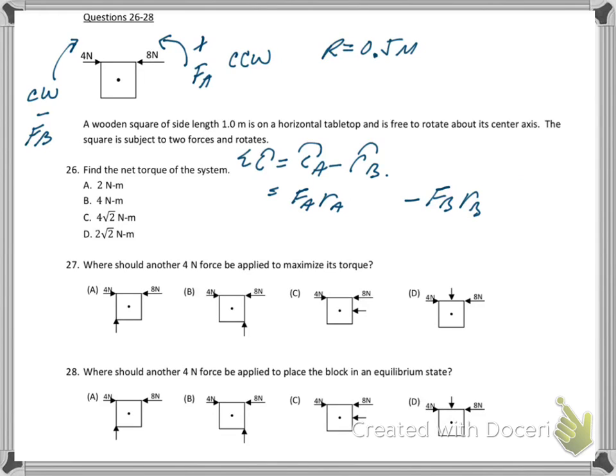Radius A equals radius B, which just equals radius, which is 0.5. So they're both the same radius.